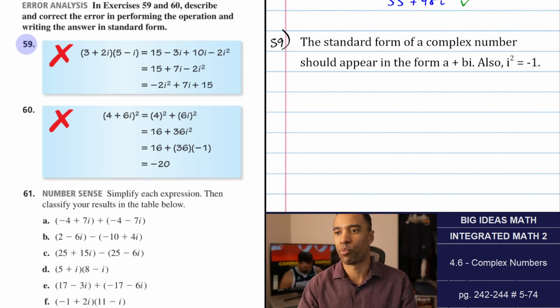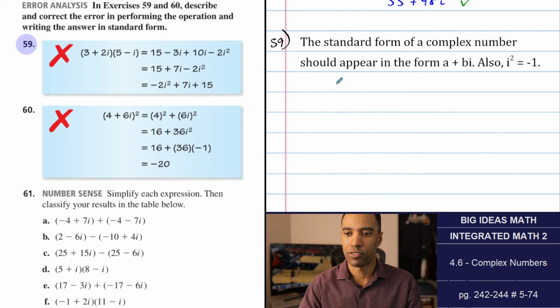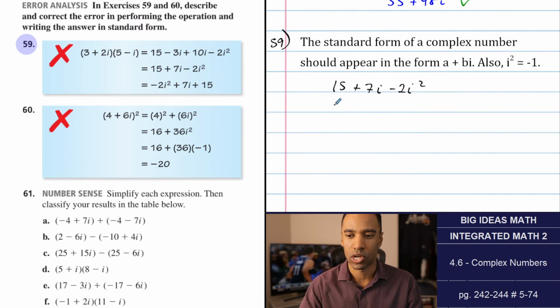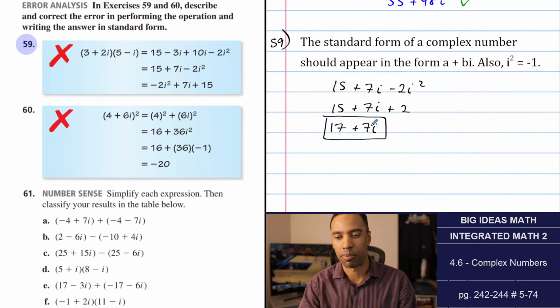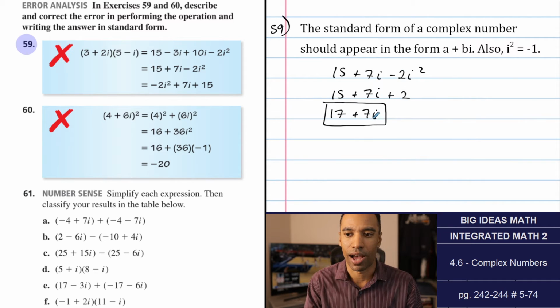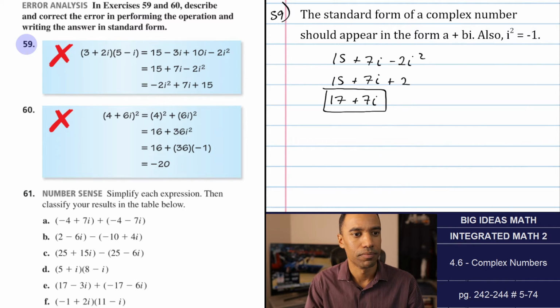On the step where they have 15 plus 7i minus 2i squared, we should be turning that into 15 plus 7i plus 2. Then we do 15 plus 2 to get 17. So 17 plus 7i: the real part goes first, and the imaginary part, 7i, goes second. There's the fix on 59.